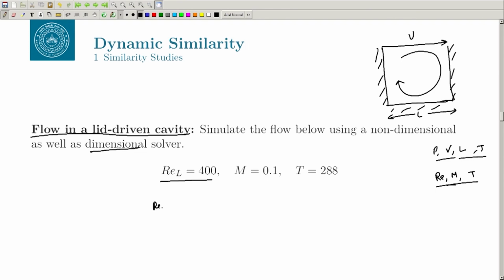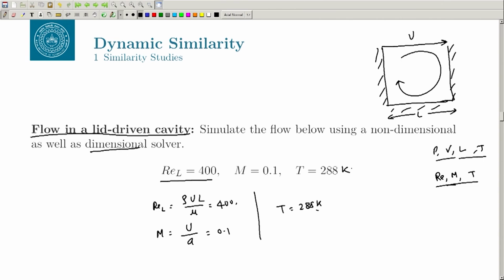So, Re_L equal to rho u L by mu is equal to 400, and Mach is given as u by a is equal to 0.1, and the temperature is given. Even if it is not given, you can assume it, this is 288 Kelvin.